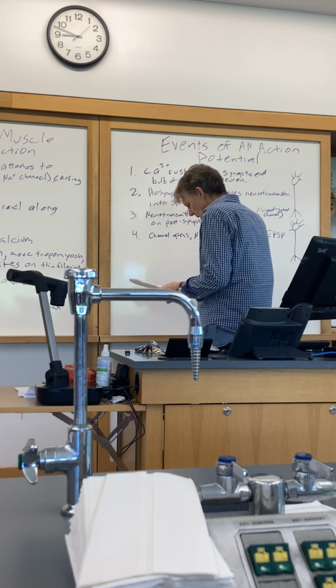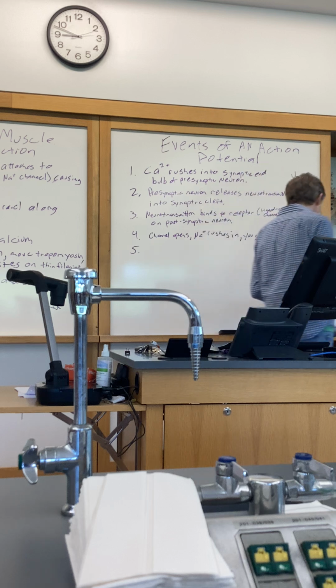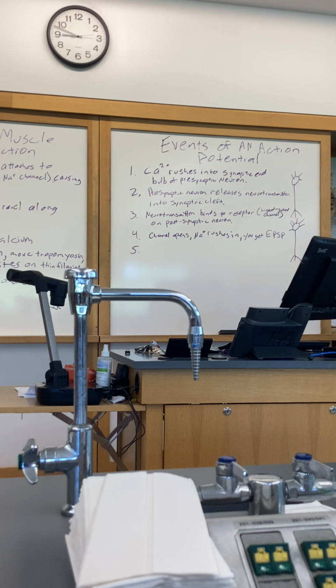Now, first of all, here's another question. Is one graded potential usually enough to reach threshold? No. However, graded potentials can do what to try to reach threshold? Summation, right? They can add together to become stronger and potentially reach it. So let's just say there were a bunch of these going on.